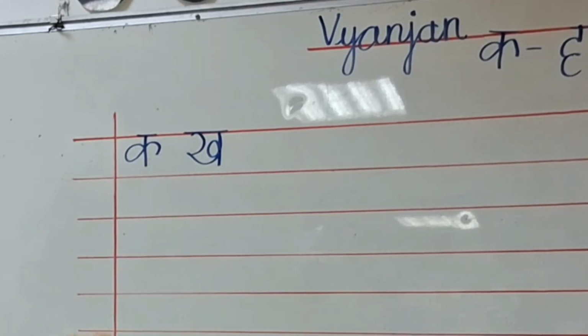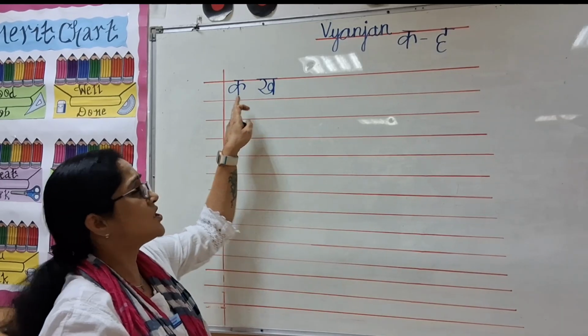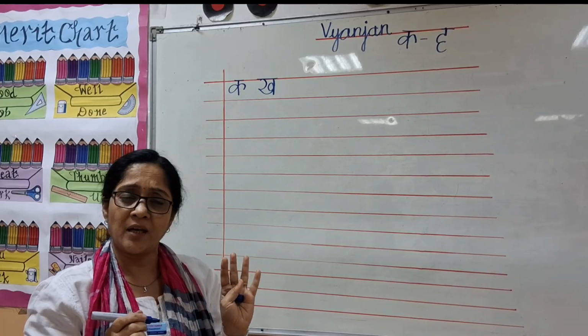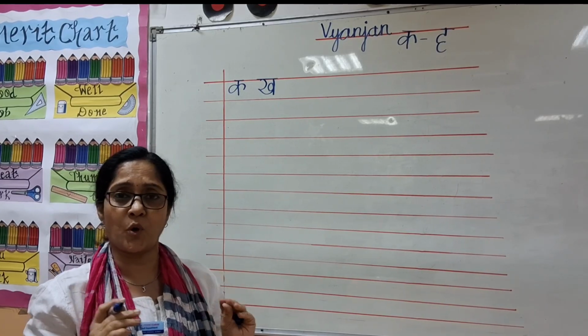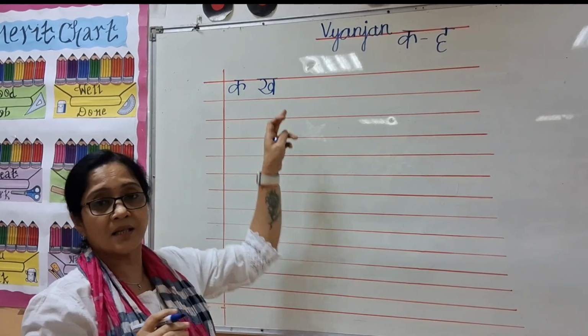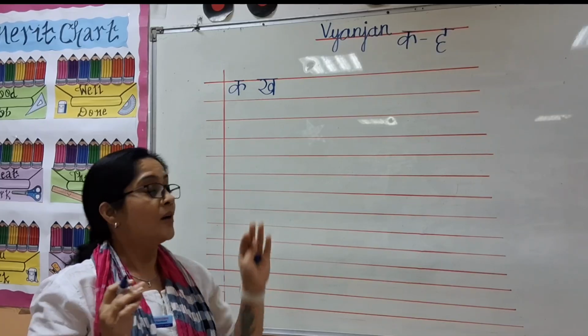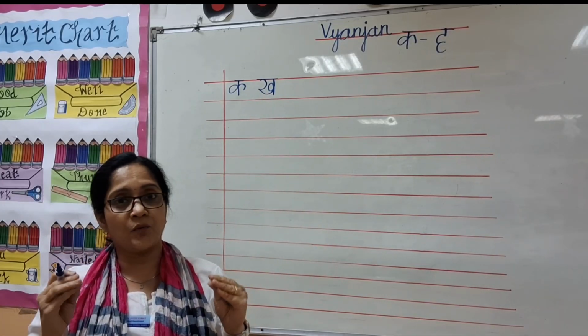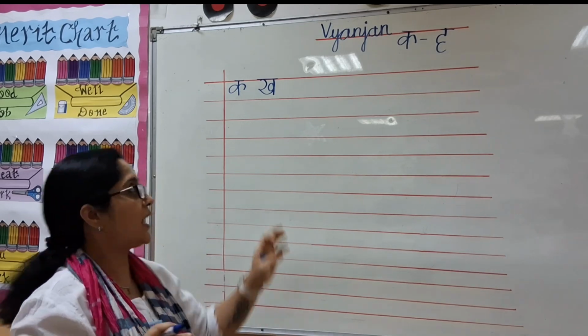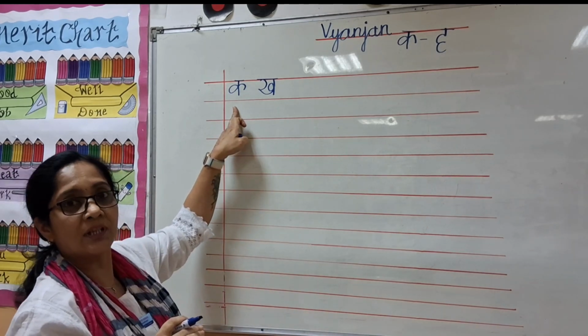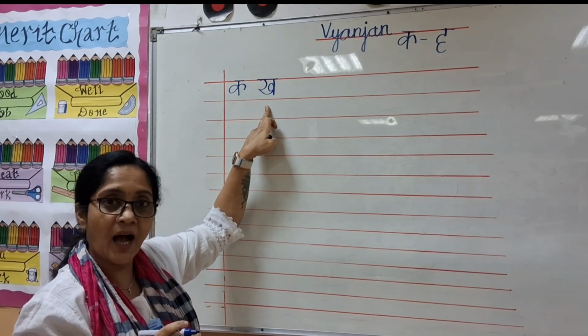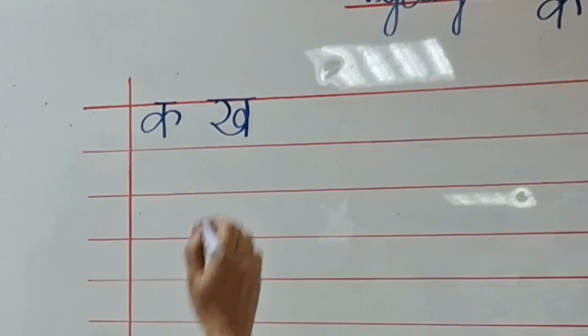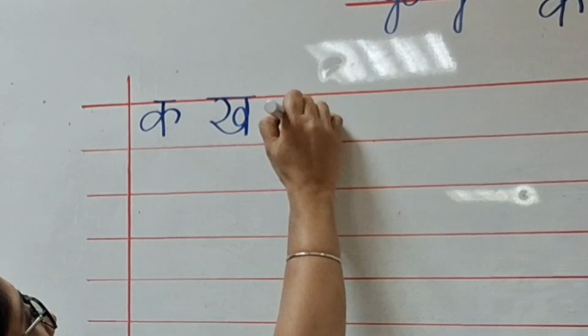But this is just K. Okay? Without any stress or force, this is just K and this is K. Whenever you say this, tell it with an extra force, tell it with extra push. Okay? So, K se kabutar, K se khana, उसके बाद ग से गाना.